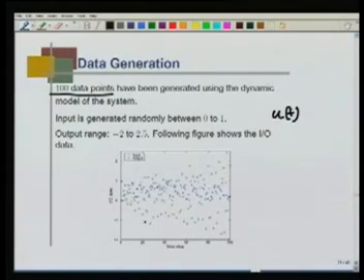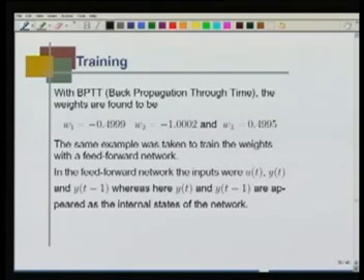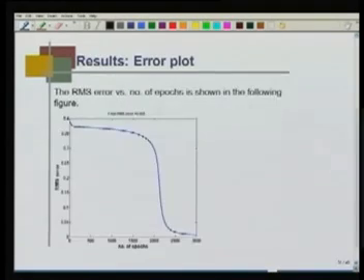So, if you look at this data, the circles represent the output yt and the cross is ut. This is the input data generated, and then with back propagation through time we trained it. Let us see how the training took place.